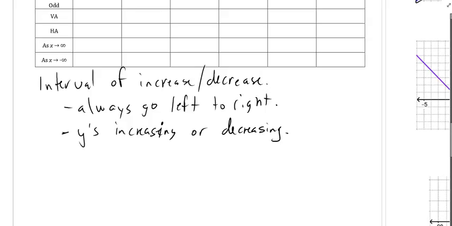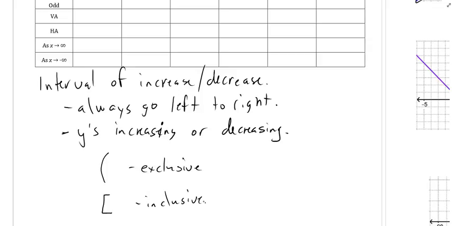There's also a notation thing: a round bracket is exclusive. Just write this down. I know it doesn't make any sense to you. It will in a minute, hopefully. And a square bracket is inclusive. This is a new notation. Everybody got that?